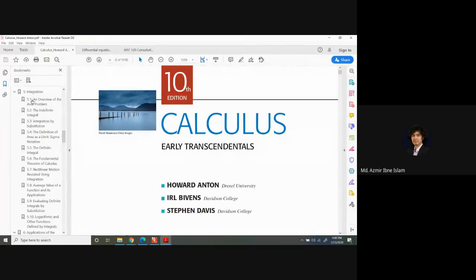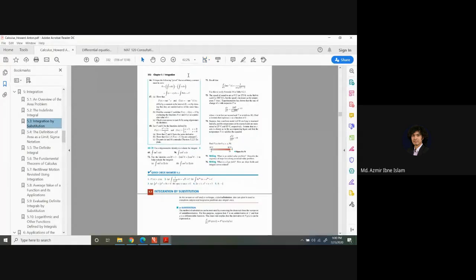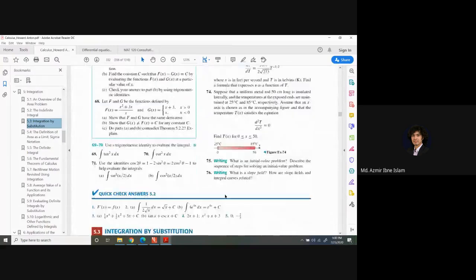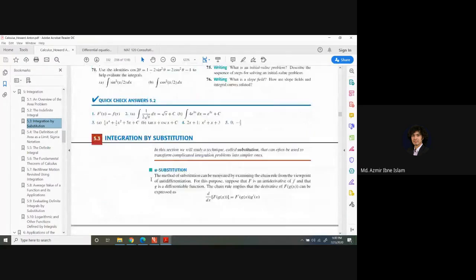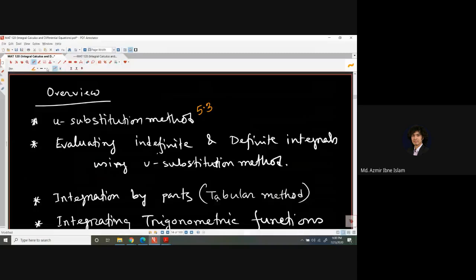Chapter 5, section 5.3 deals with integration by substitution, or the u-substitution method. We can also think of it as z substitution or v substitution. The variable doesn't matter, but the main thing is the substitution method itself.